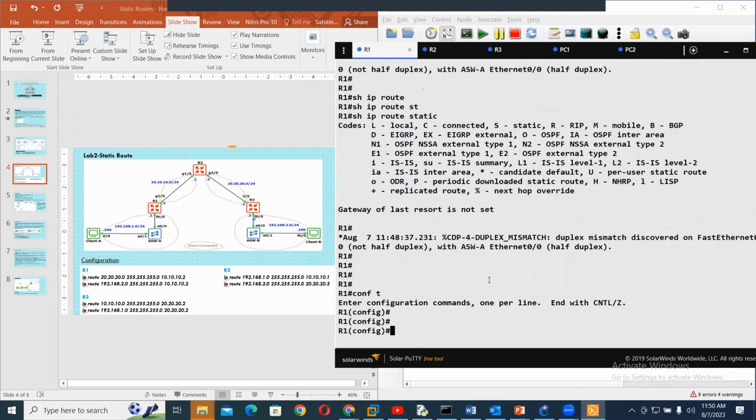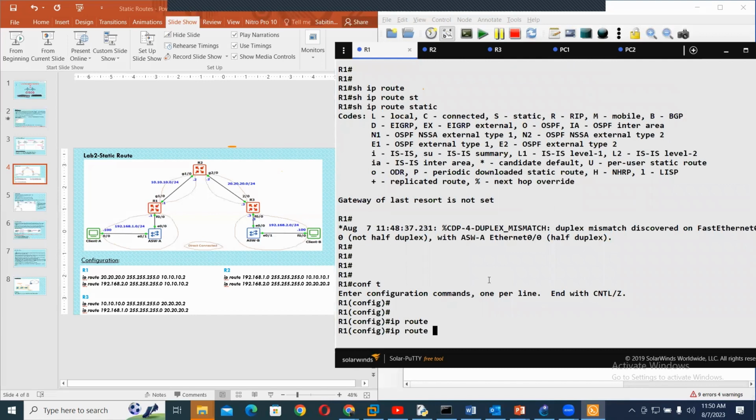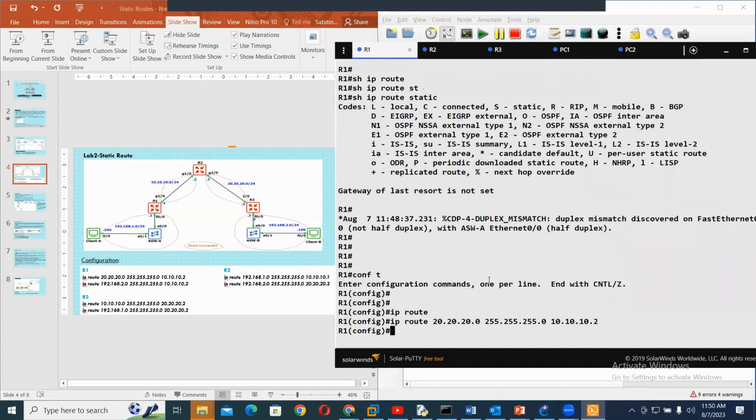Now for R1, we have to access the 20.20.20.0 network and the 192.168.2.0 network. So IP route 20.20.20.0 255.255.255.0. Our next hop is 10.10.10.2.